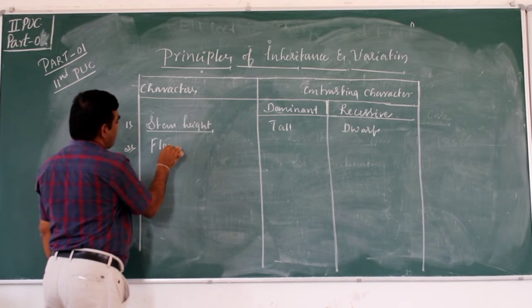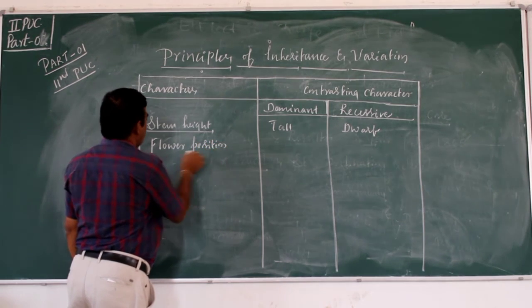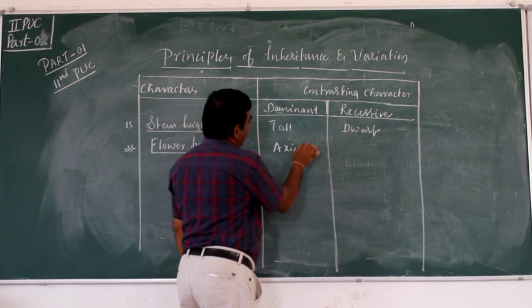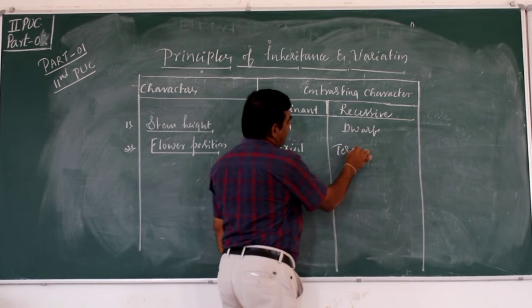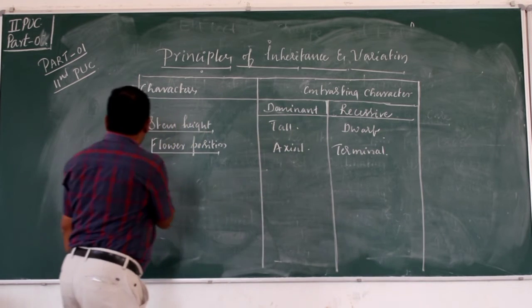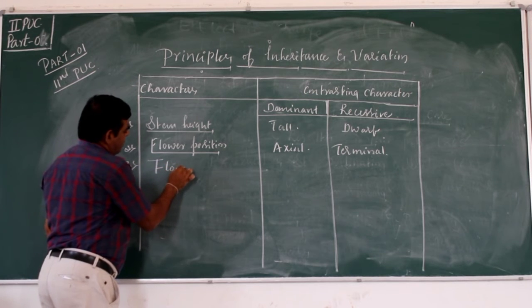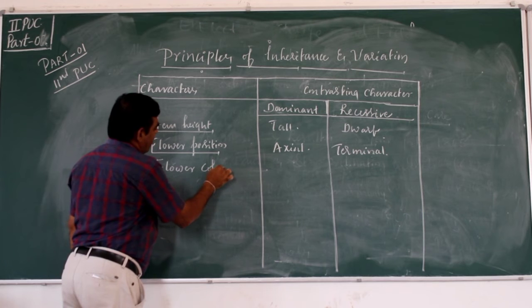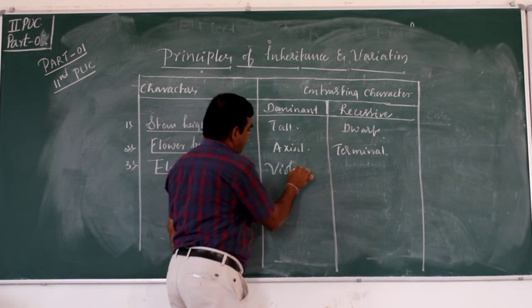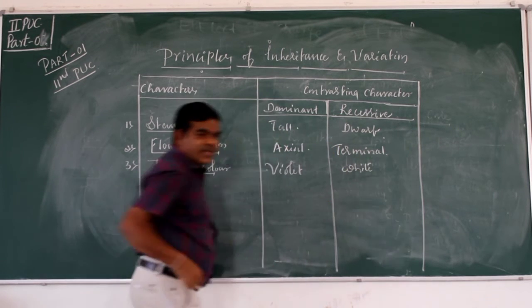Flower position, axial and terminal. And third one is flower color, violet and white.